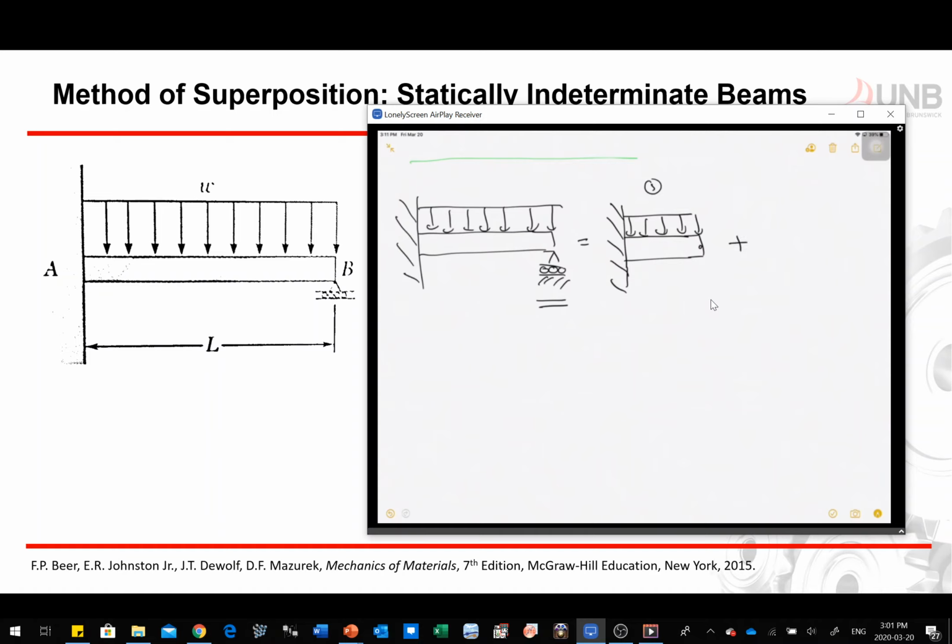And for the second beam, we remove the load and we only have the support reaction. Let's call it B sub Y. So now we have two different beams. We have this, which is a very simple beam to calculate. We have this system right here.